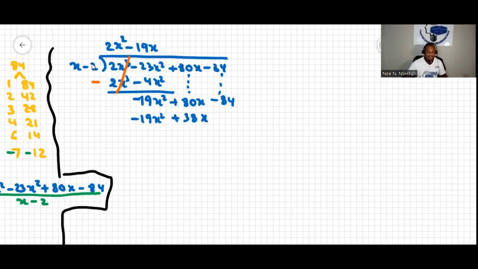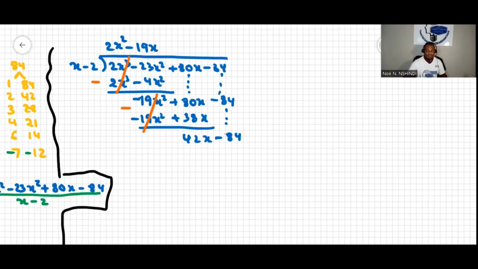And then we subtract, because we minus here, this falls. And then 80x minus 38x is equal to 42x. Now we move the negative 84 down there.